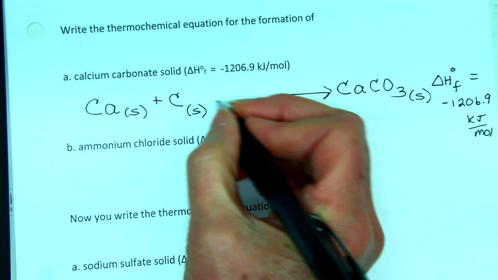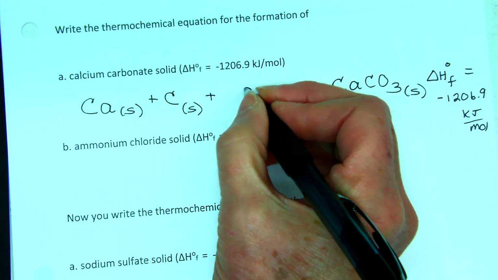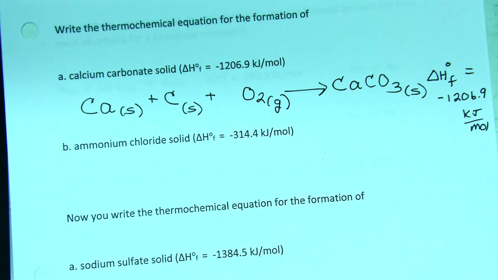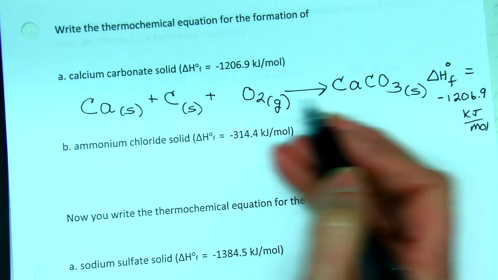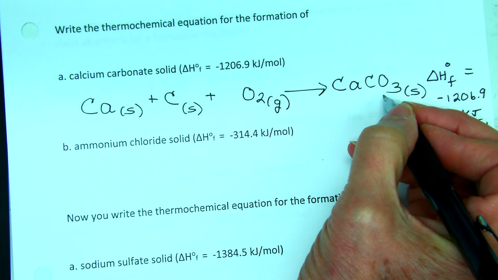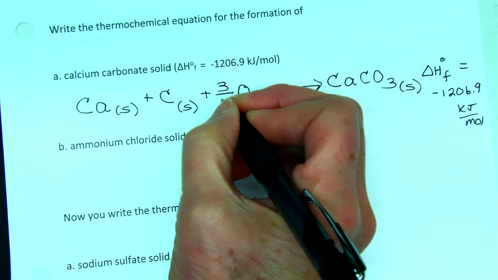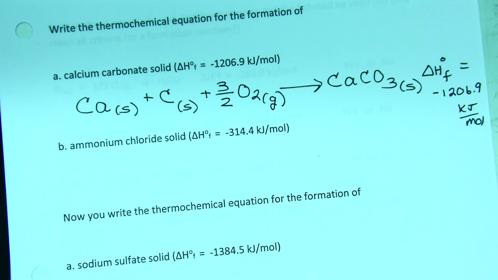Now, we think about the oxygen. Oxygen is a diatomic gas in its natural state. So in order to get 3 moles of oxygen atoms in 1 mole of calcium carbonate, I need 3/2 moles of oxygen. And this is where you get forced into those fractions when you have diatomic elements in their natural states.